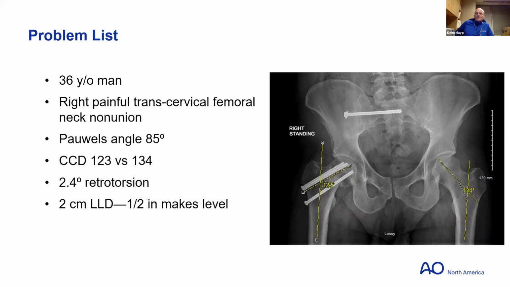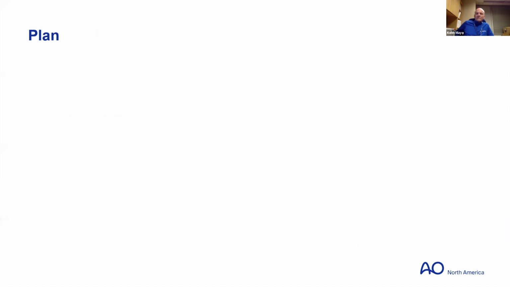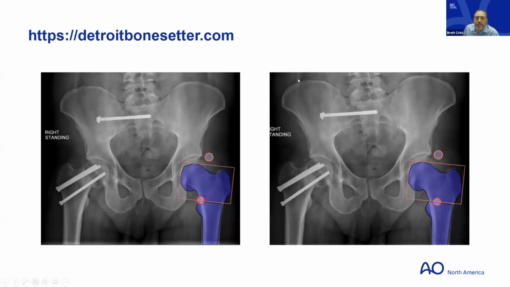20. Yeah. All right. So this is the free online planning software that Raul Vadia, who's one of the AO faculty members, helped design. It's called Detroit Bone Setter, and you can go to that website and they'll get you a free account. And this is basically showing the overlay technique.